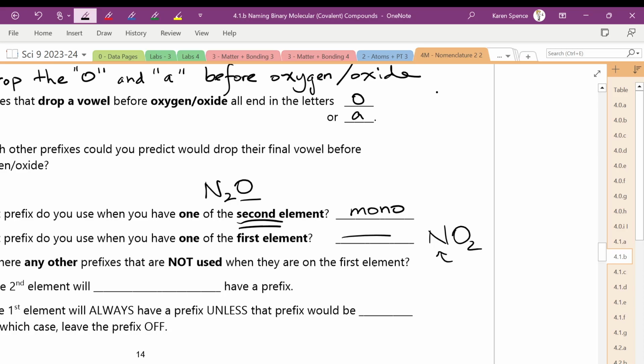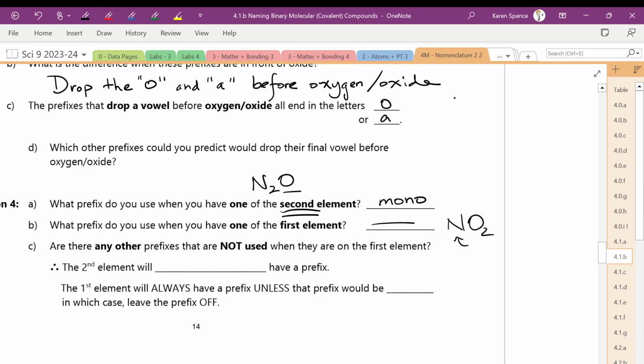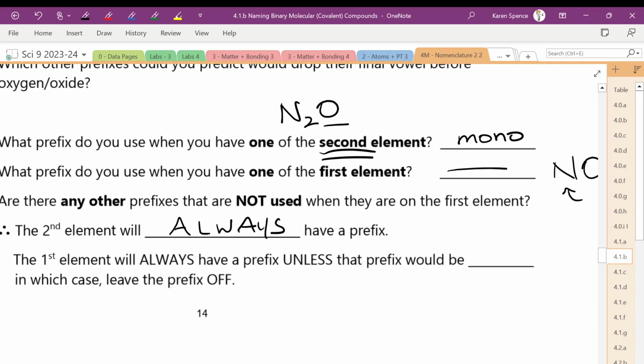We don't use one, none. Are there any other prefixes that we don't use on the first element, or is mono the only one we get rid of? The second element will always have a prefix, and the first element will always have a prefix unless what? Unless the prefix would be mono, in which case we leave the prefix off.